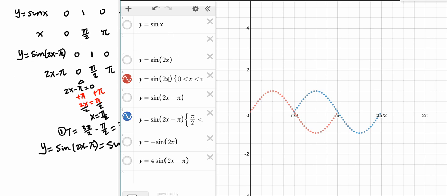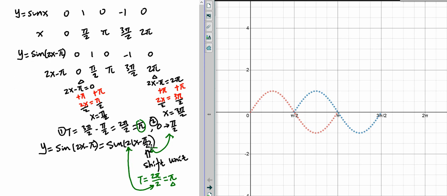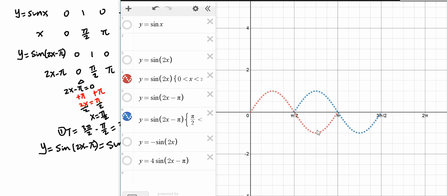You get this one first. And then shift this picture by pi over 2 units to the right. Subtraction. You'll get this one. Okay. This is like one period analysis. And then you know the whole period will be like this. The whole period for this red one is actually like this.